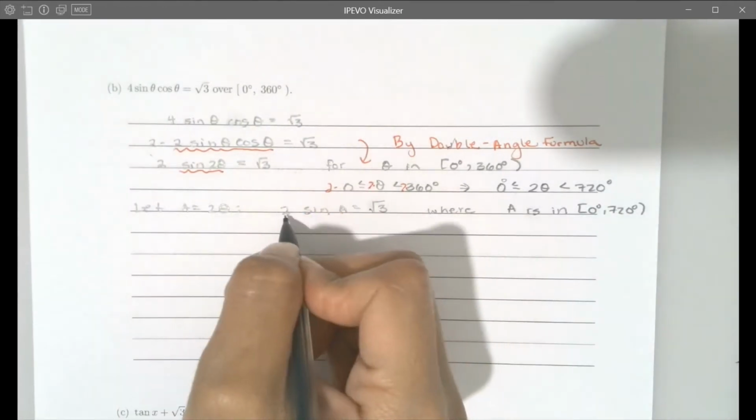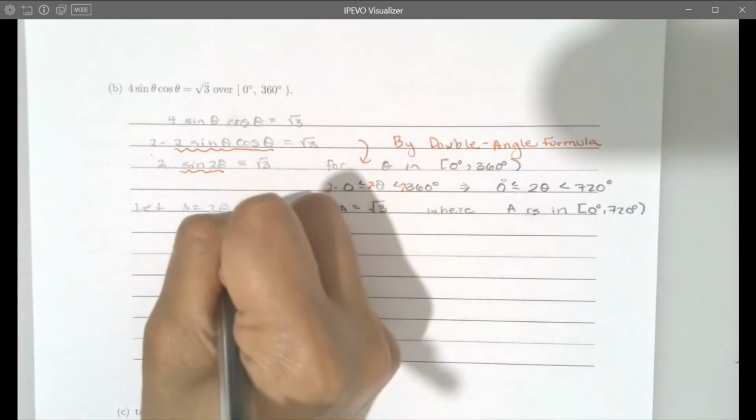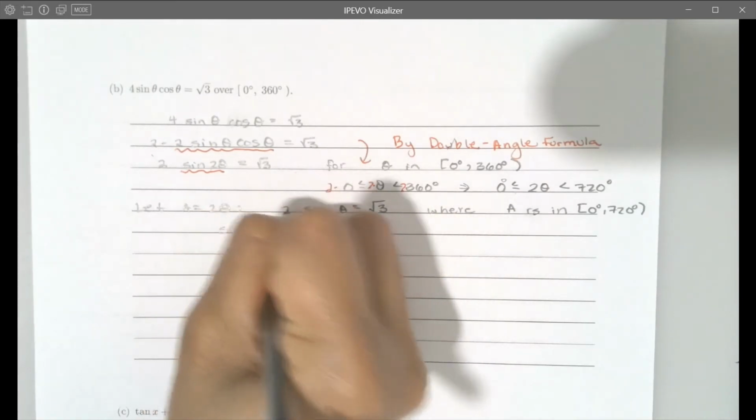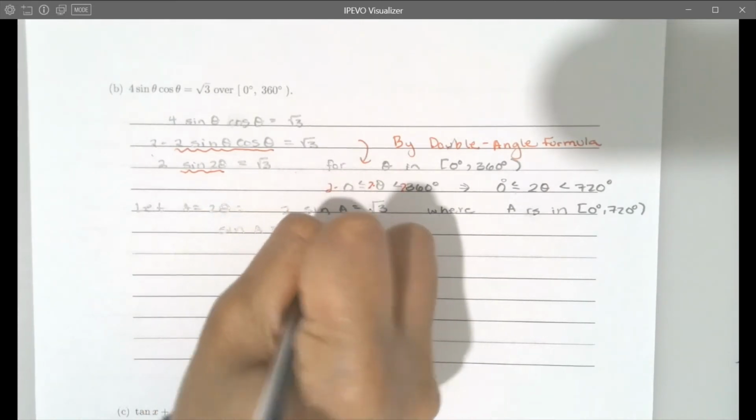So if we solve for sine of A, we're going to get sine of A is equal to square root of 3 over 2.